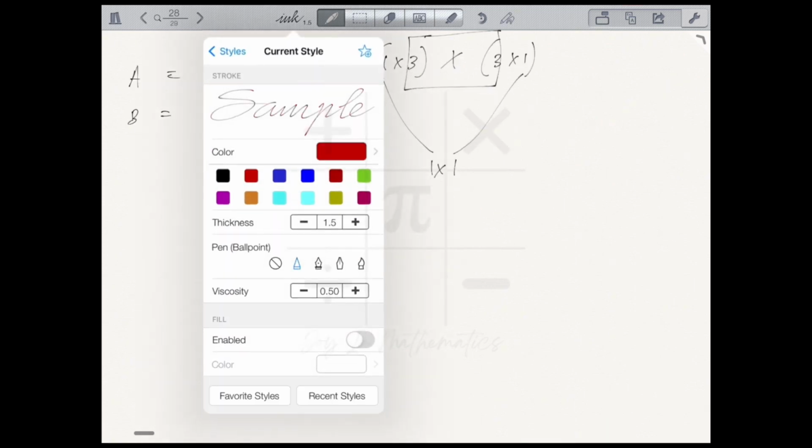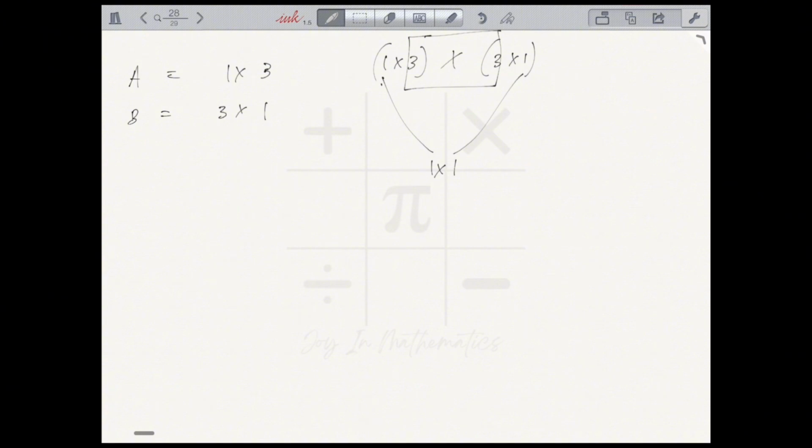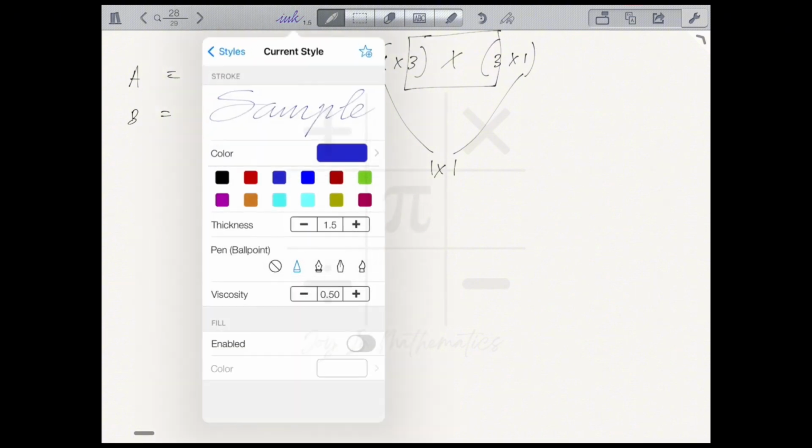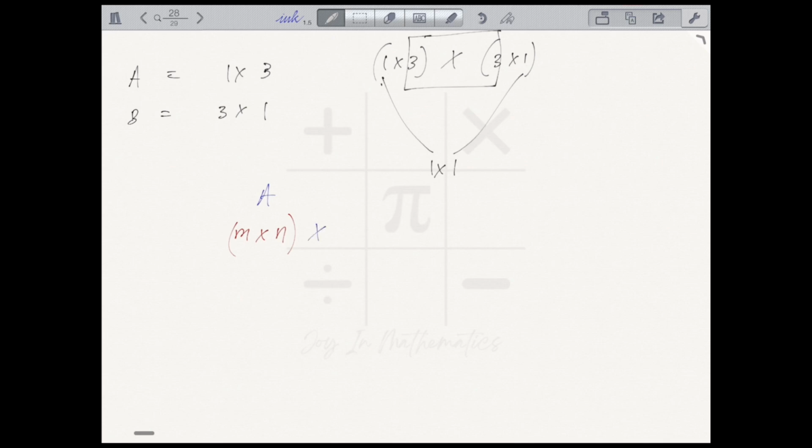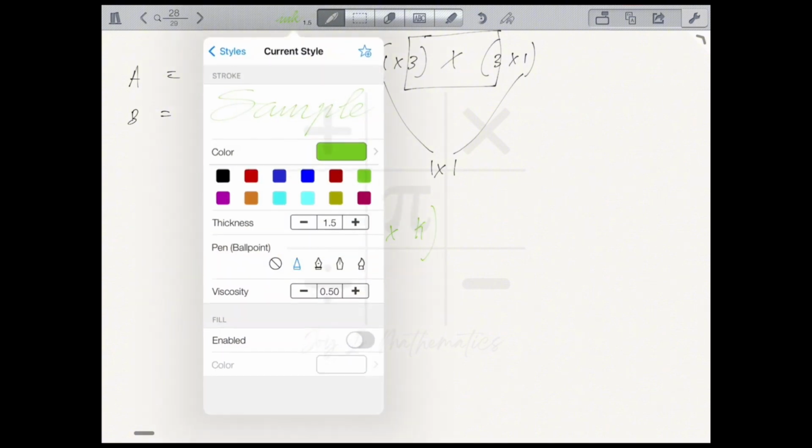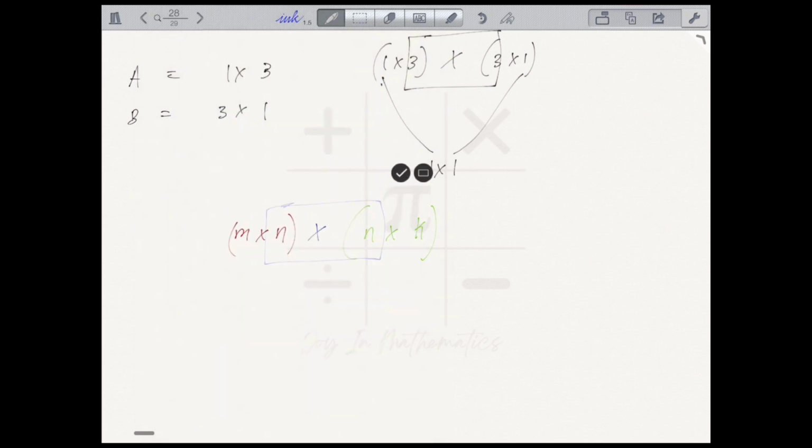So therefore, we have the rule that states that if we have an M by N matrix, let's call this matrix A, being multiplied by an N by K matrix, which is B, we know that it is possible because the column number of A is equal to the row number of B. Therefore, the result will be an M by K matrix.